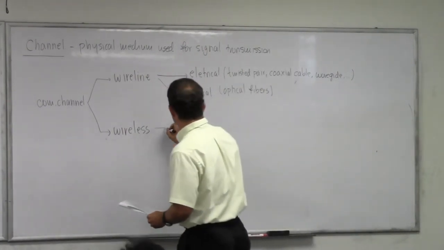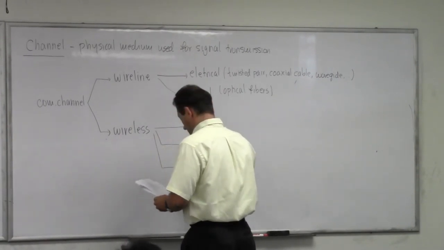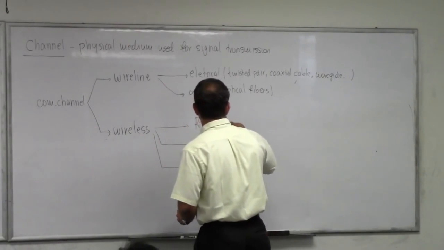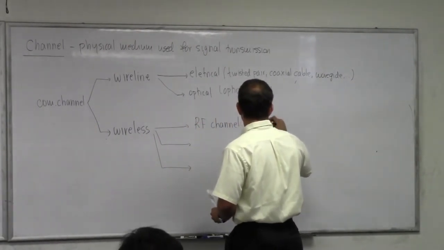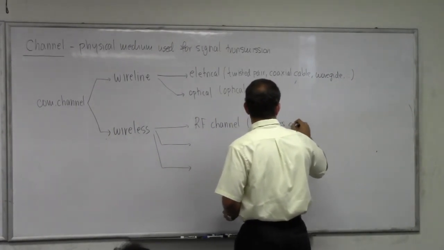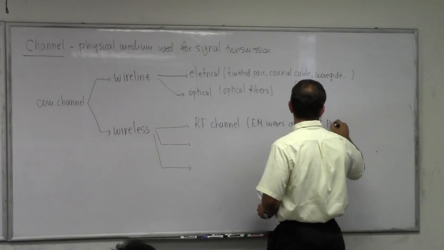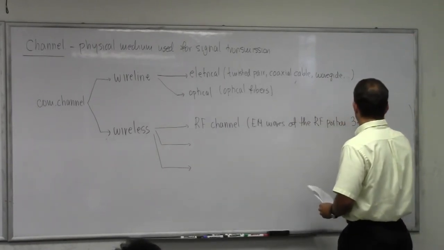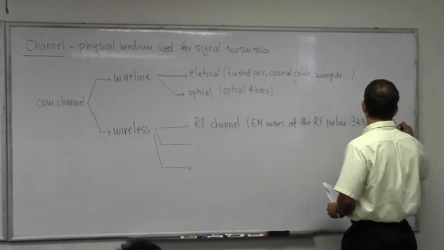Now, wireless, we have three types. We have the RF channel. These are your EM waves of the RF portion of the spectrum, which is, let's say, 3 kilohertz to 300 gigahertz.